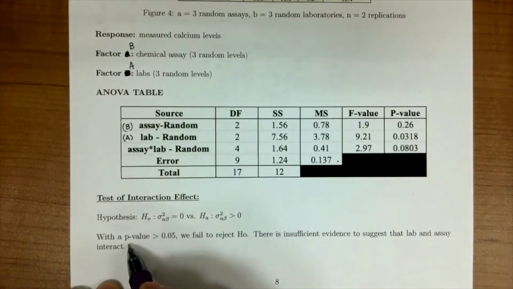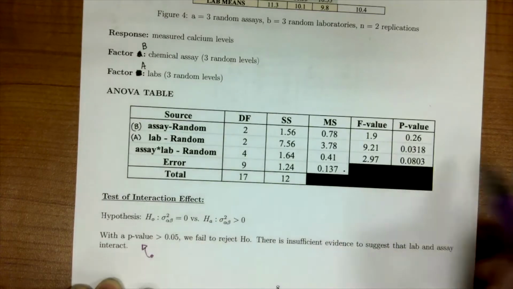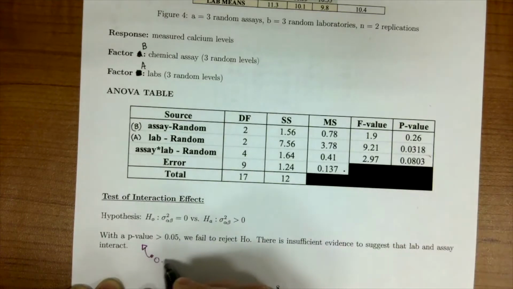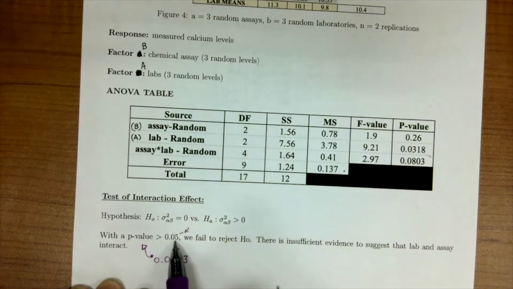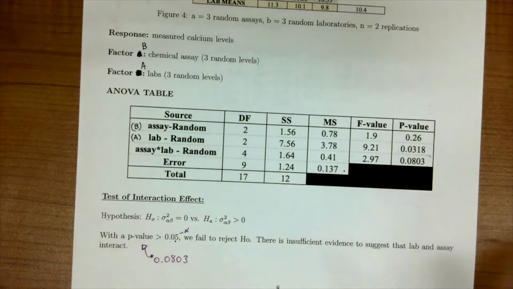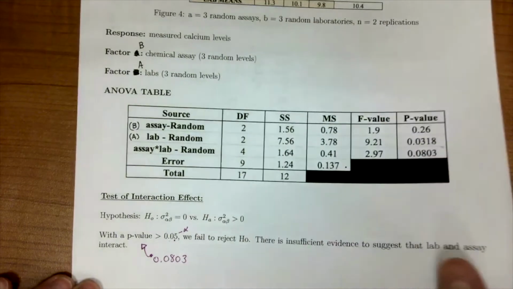Our p-value for our interaction is coming from right here, 0.0803. Since it's bigger than our significance level of alpha equals 0.05, we're going to fail to reject the null and say that there is insufficient evidence to suggest that the lab and assay interaction variance is important or significant.